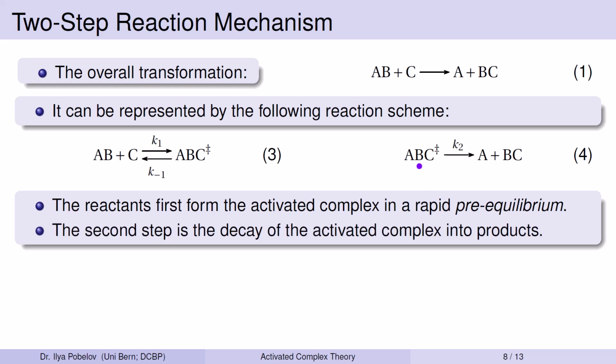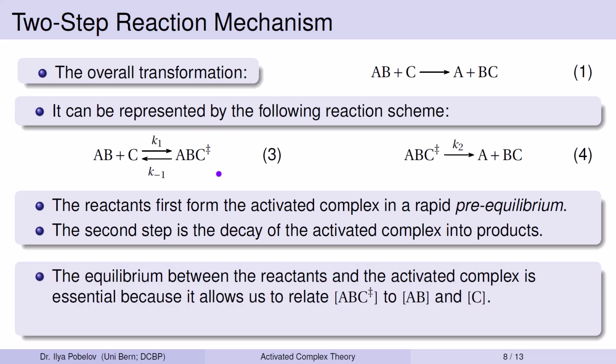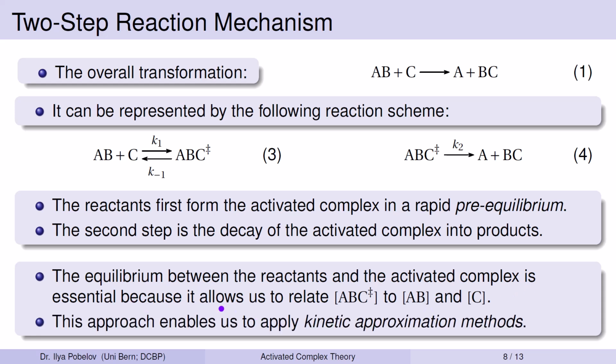The second step is the decay of the activated complex into products. The equilibrium between the reactants and the activated complex is essential because it allows us to relate the concentration of the activated complex to those of the reactants. This approach enables us to apply kinetic approximation methods to determine the rate of product formation.